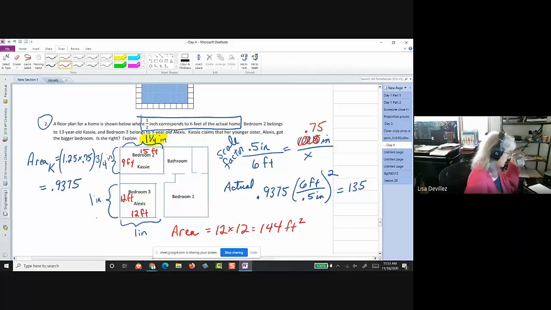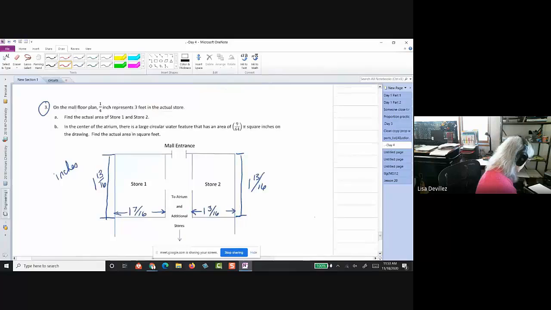So that means Alexis's bedroom is larger. Okay, and what was the last one there?